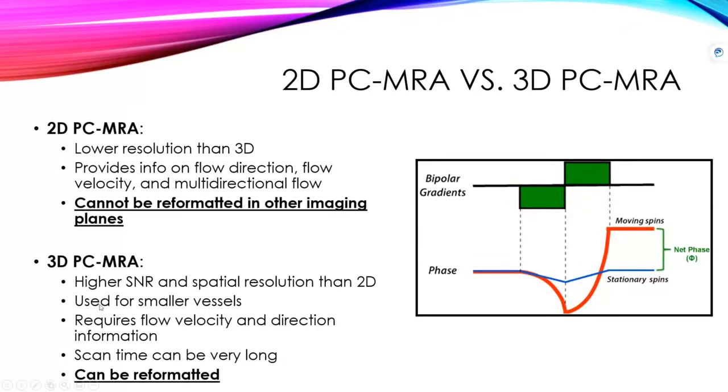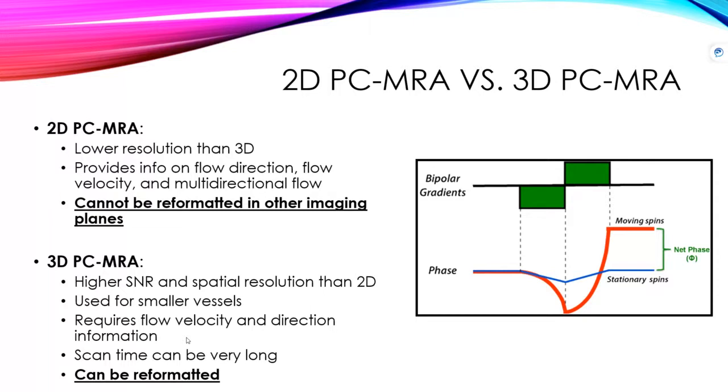3D, just like time of flight, is used for smaller vessels. And you do need velocity, flow, and direction information. This is something that you would have to actually input into the system. A lot of times it's going to be their pulse rate, for instance. You would have to take their pulse and then input that into the system, and also indicate which direction of flow you're looking at.